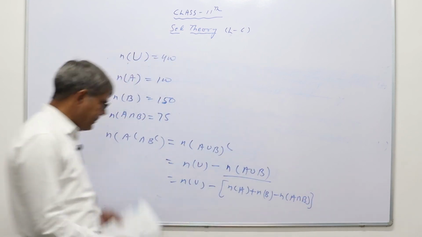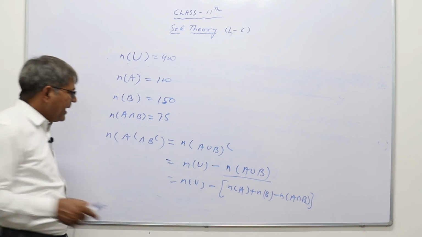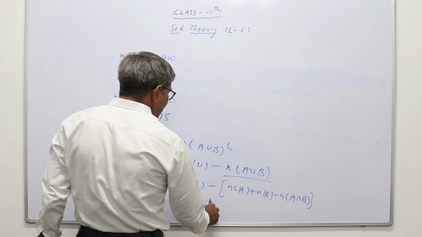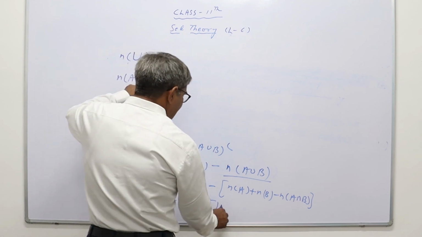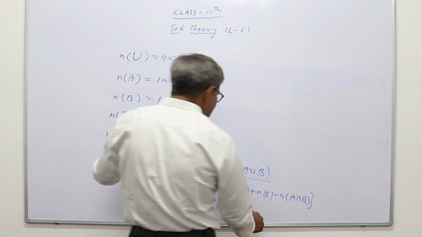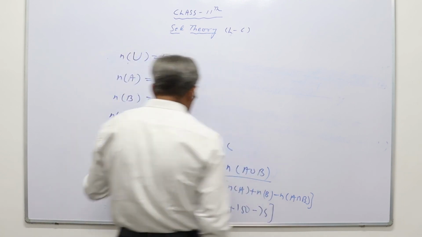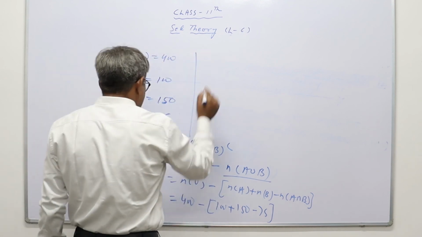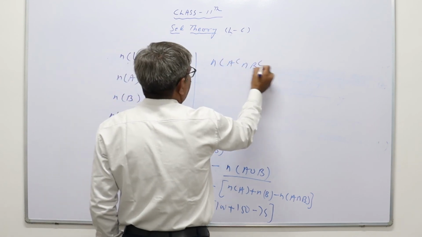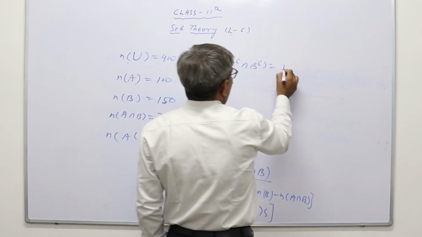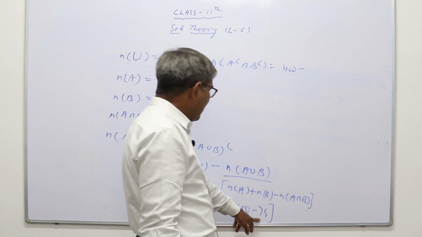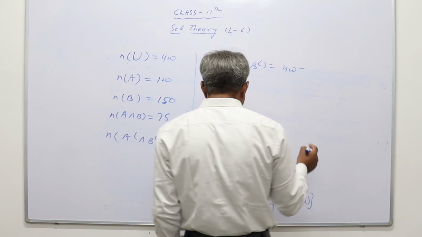So using this concept, we can find out the required answer. Now, n(A union B) is 100 plus 150 minus 75, that is 175. So n(A complement intersection B complement) will be equal to 400 minus 175.